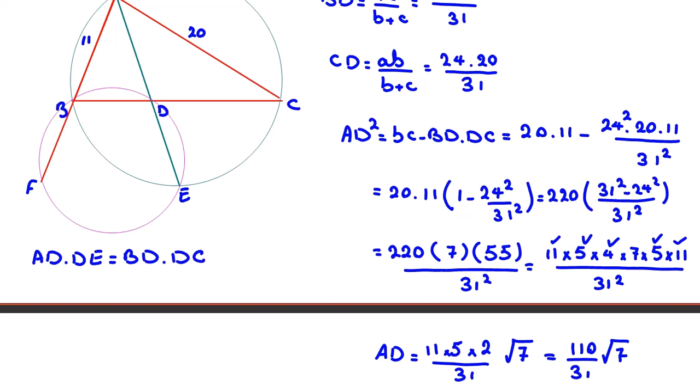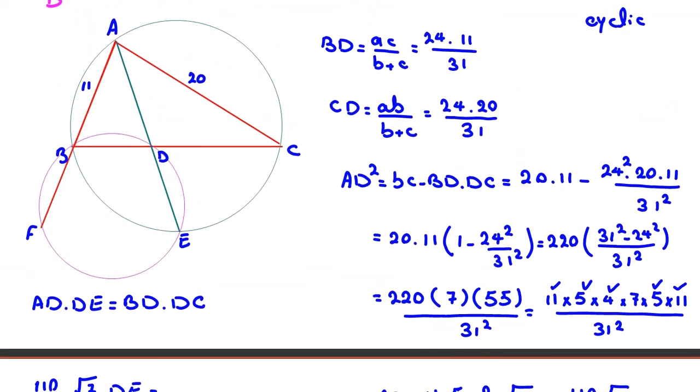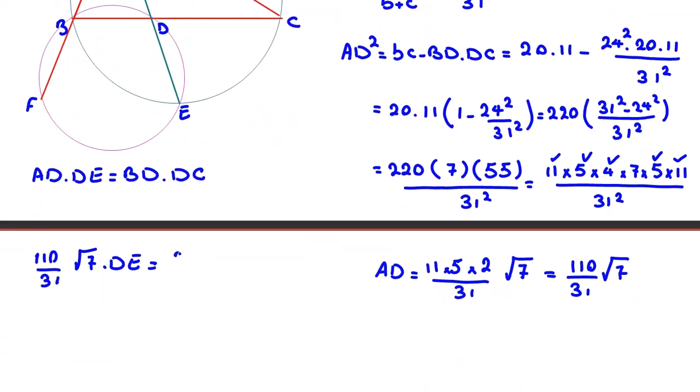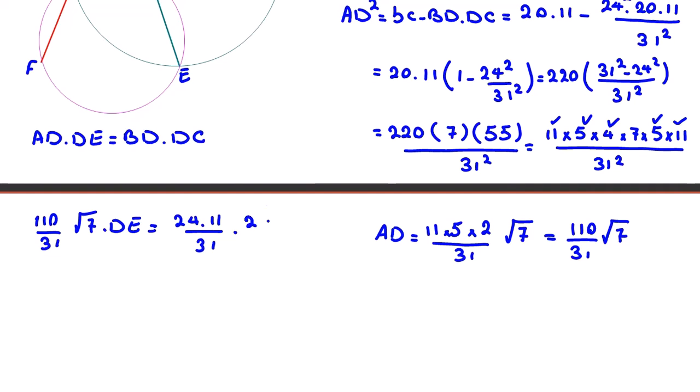AD is 110 over 31 root 7, times DE equals BD, 24 times 11 over 31, times 24 times 20 over 31. We can cancel 31 from both sides, and we can cancel 11 and 0 like this. So root 7 times DE equals 24 squared over 7.